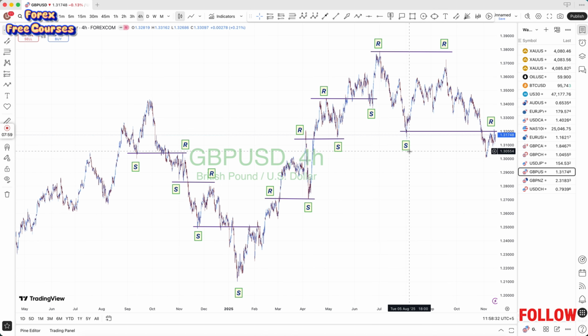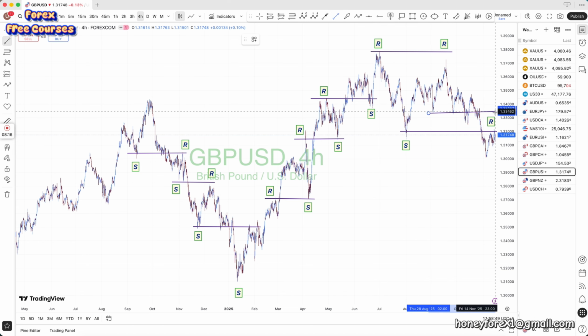Support breakdown, market made low and low, new support. So market retests our previous resistance and goes down. So it is possible the market never breaks out of this area. Support drop, base drop, supply zone, market made a new resistance here and went down, and this support broke down again.